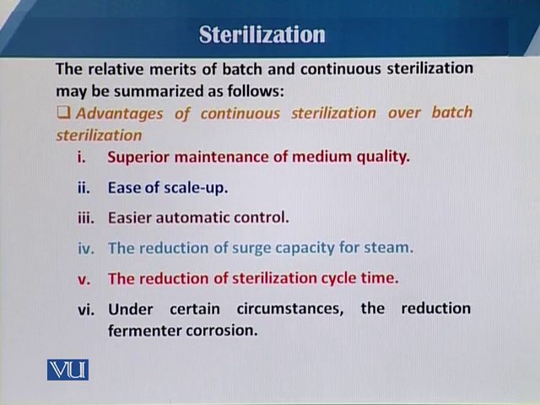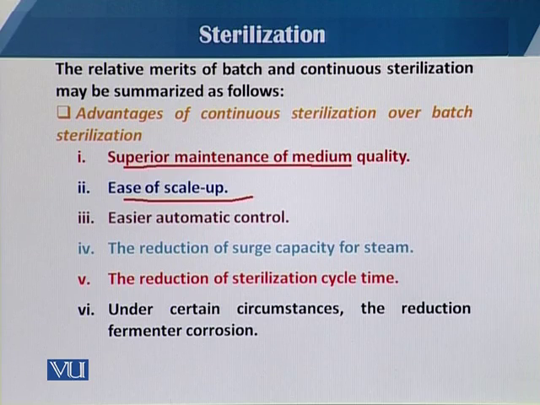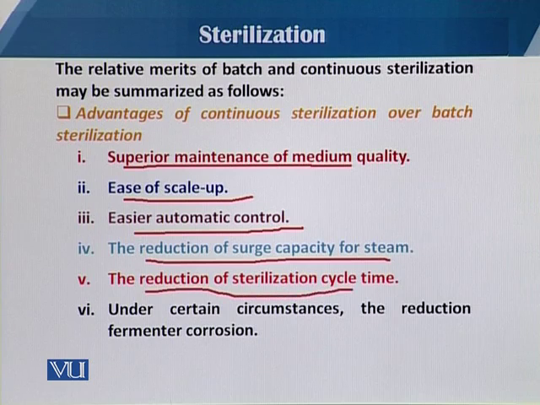As concerned the advantages of continuous sterilization over batch sterilization, we can say that continuous sterilization is superior for maintenance of medium quality. In this case we can give a high temperature for a short time, so it is better to maintain the medium quality. It is also easy to scale up, with easier automatic control, reduction of surge capacity for steam, and reduction of sterilization cycle time.